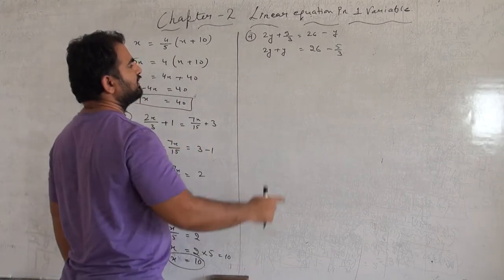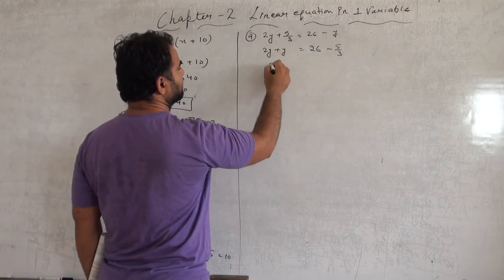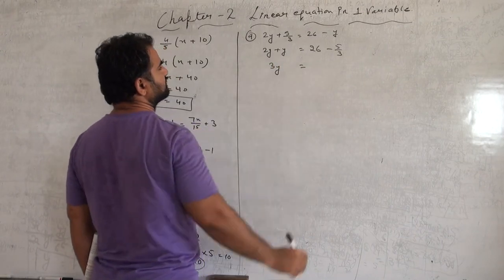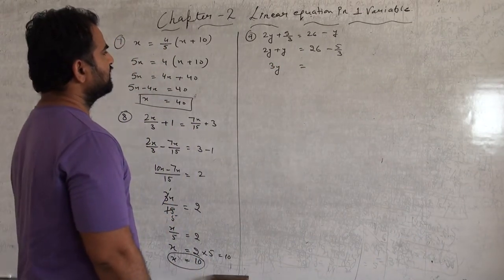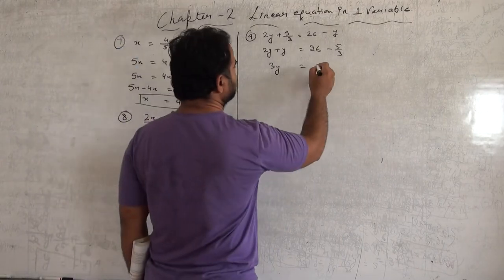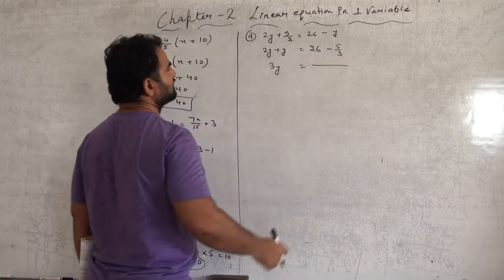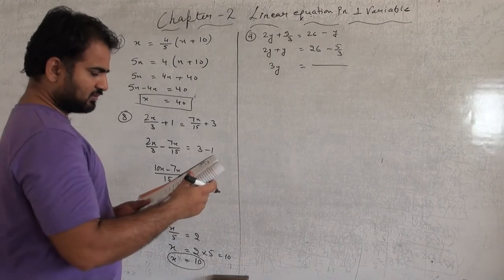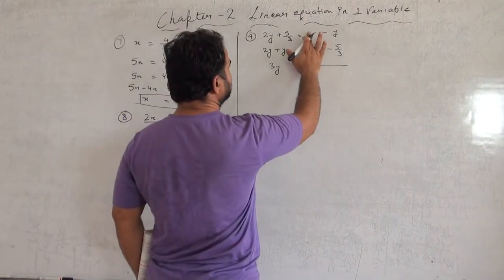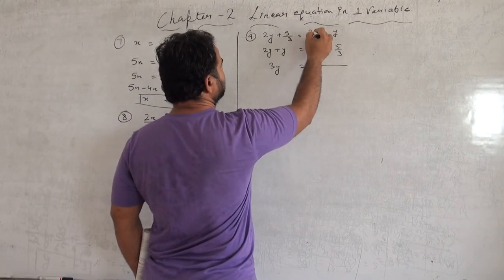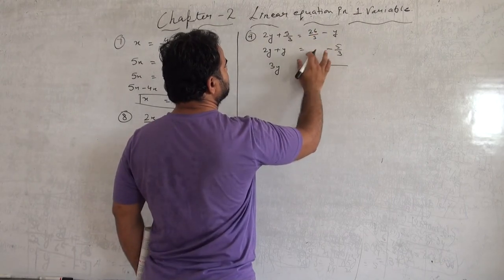Okay. So 2y plus y will be 3y equals. So 3y equals, we have to find the LCM. Okay, wait, I haven't written 26 upon 3 properly. It is 26 by 3, and it is also 26 by 3.